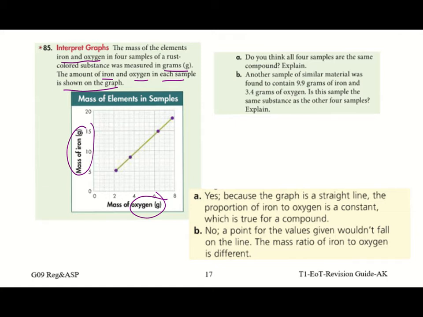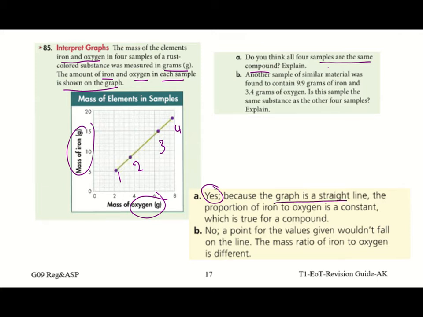Do you think all 4 samples are the same compound? These are the 4 samples, sample 1, 2, 3, and 4. Do you think all 4 samples are the same compound? Yes. All of them are rust, and rust has the same composition. And it's very clear here that the proportion is a straight line.